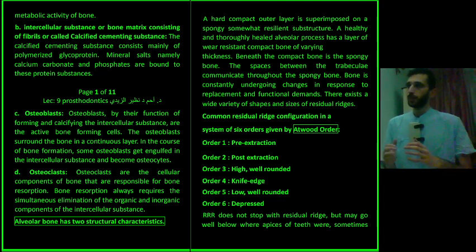Osteoblasts, by their function of forming and calcifying the intercellular substance, are the active bone-forming cells. The osteoblasts surround the bone in a continuous layer. In the course of bone formation, some osteoblasts get engulfed in the intercellular substance and become osteocytes.